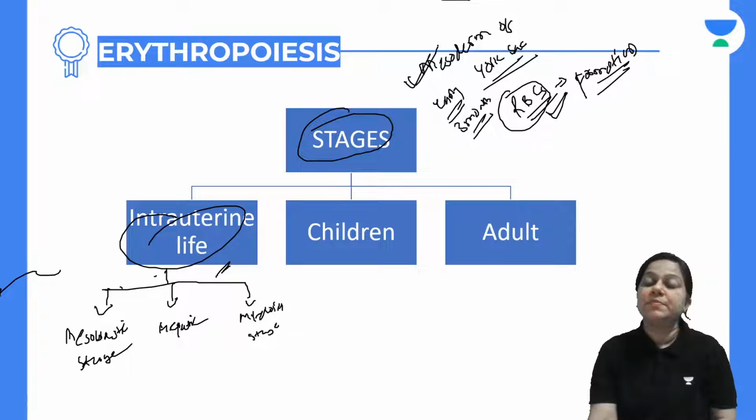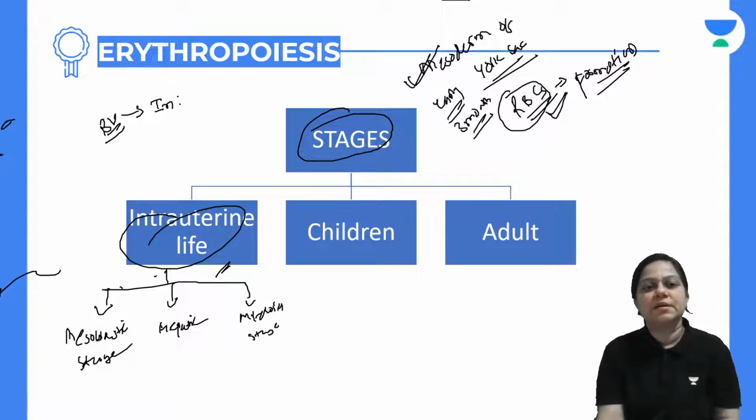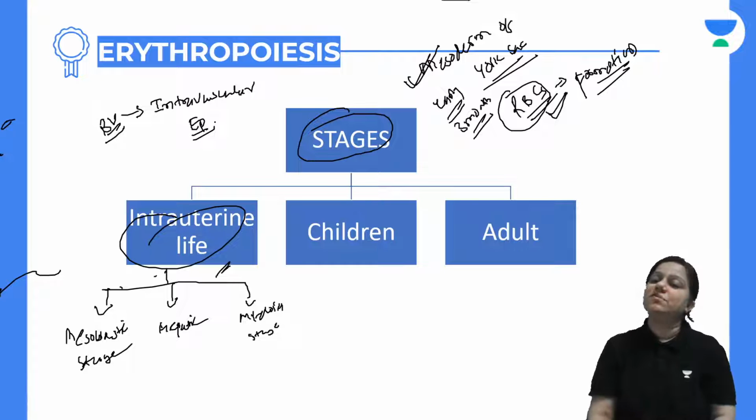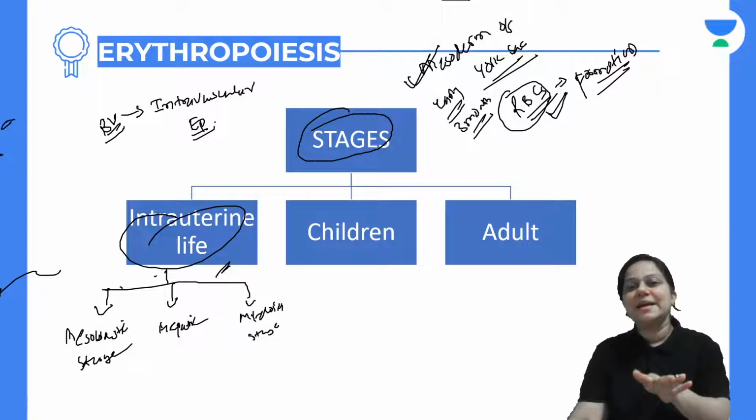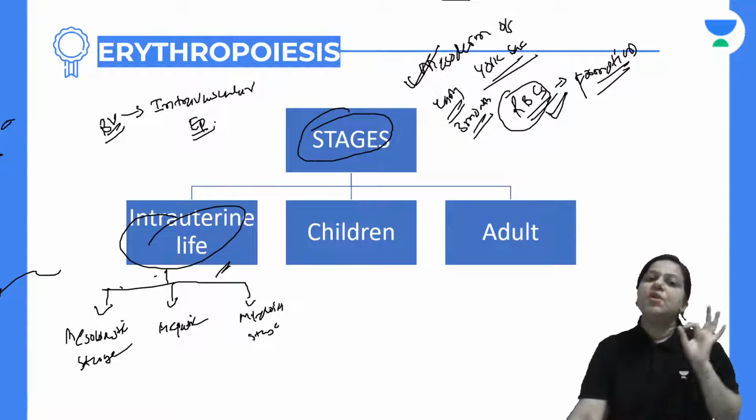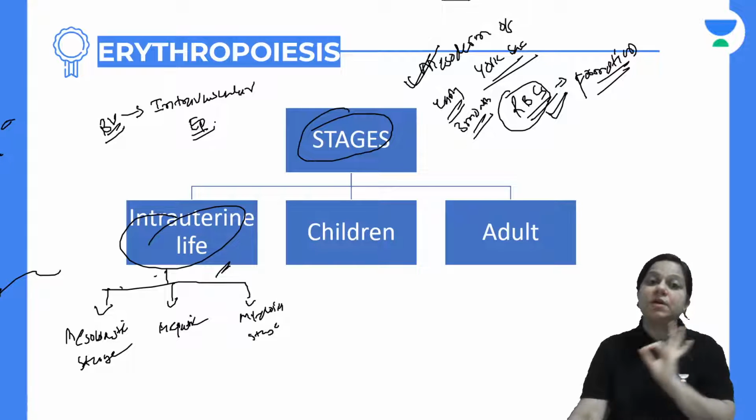Here the RBC formation occurs inside the blood vessels, so it is also called intravascular erythropoiesis. This is the only stage of life in which erythropoiesis occurs inside the blood vessels.